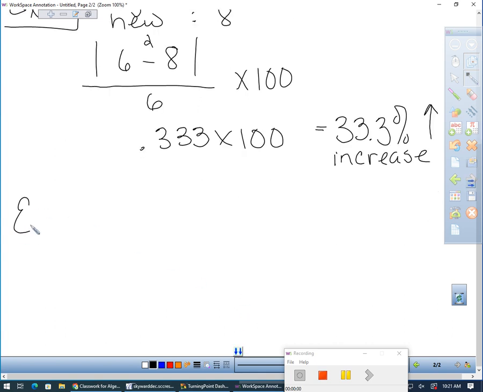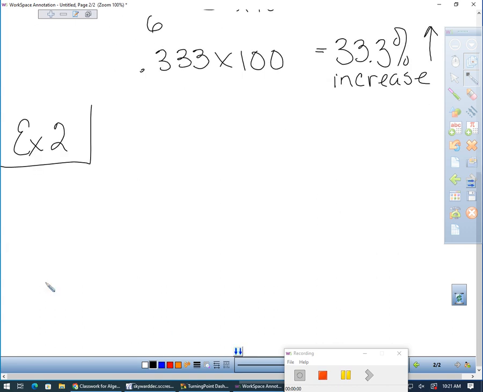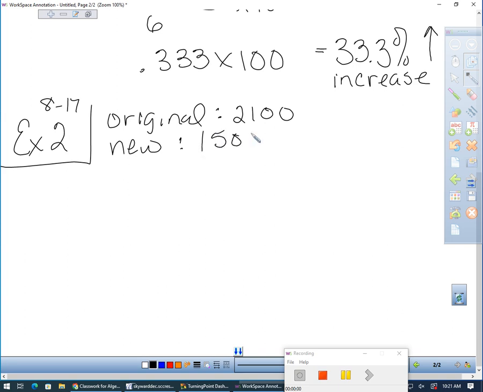Example number 2. This is exactly what you have to do in today's homework for problems 8 through 17. It'll write original with a colon, and maybe it gives you 2,100, and the new with a colon is 1,500. So we're going to put it in our formula.